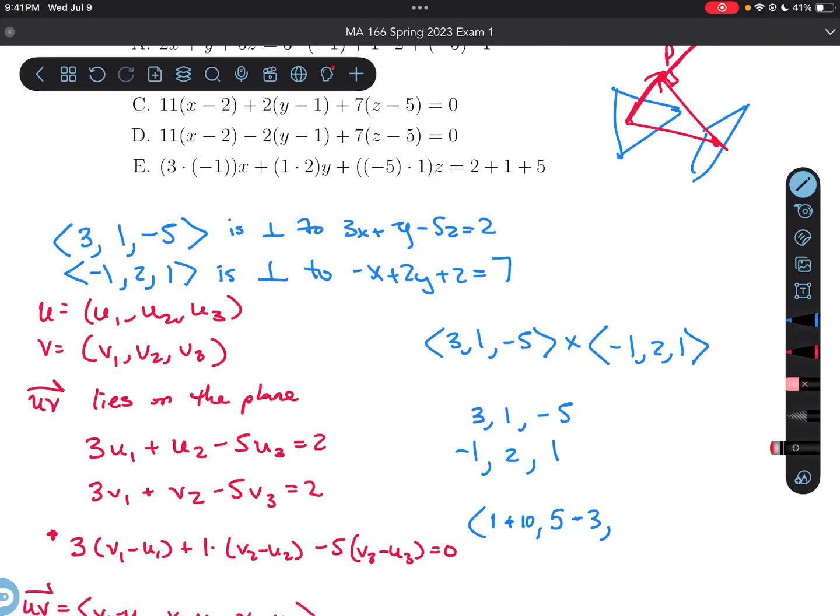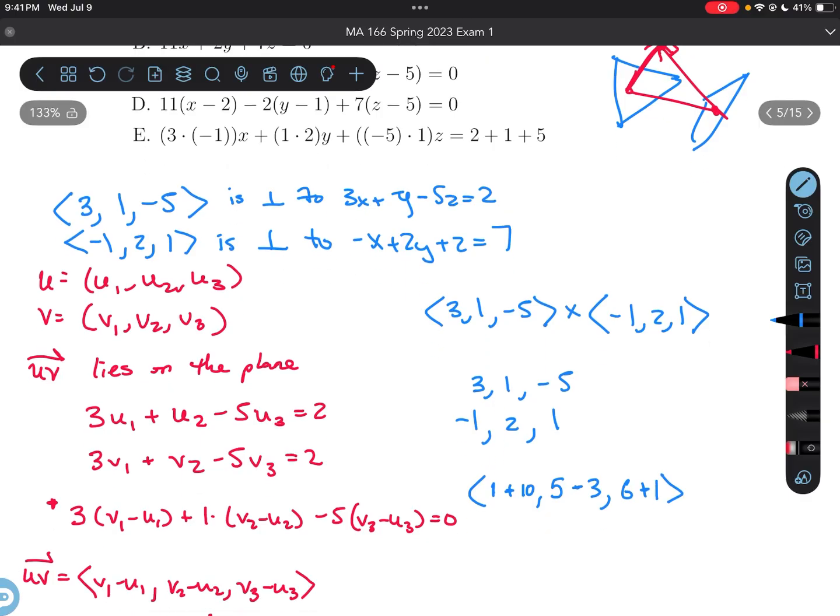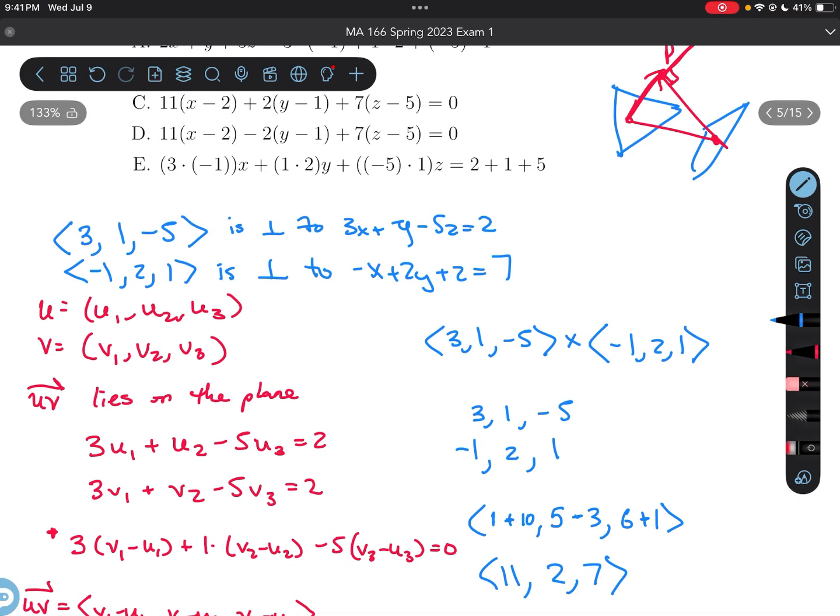You take 6 minus negative 1, so that's plus 1. So I get 11, 2, 7. This vector, 11, 2, 7, is perpendicular to 3, 1, negative 5, and negative 1, 2, 1.